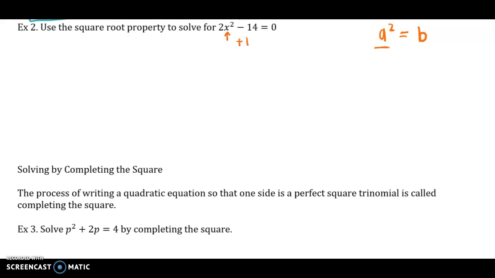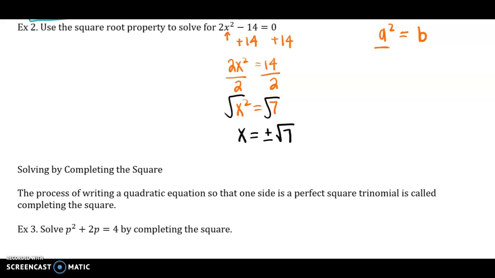We're going to add 14 to both sides. Divide by 2, and we get x squared equals 7. Then we take the square root of both sides. x is equal to plus or minus square root of 7. And that would be our answer.